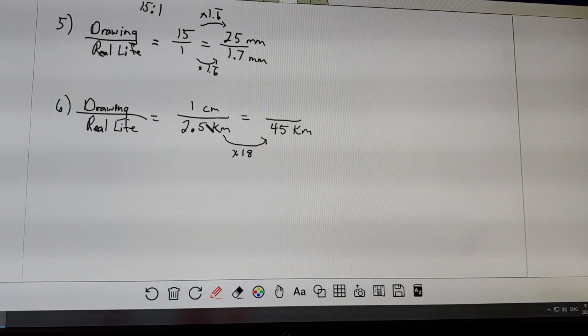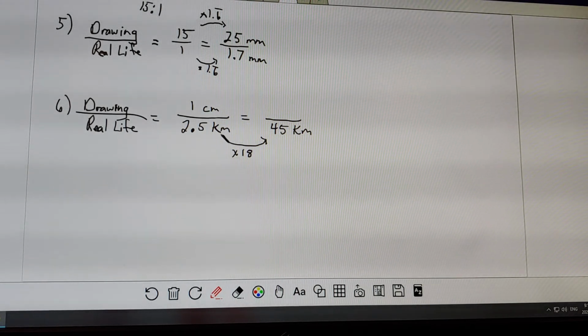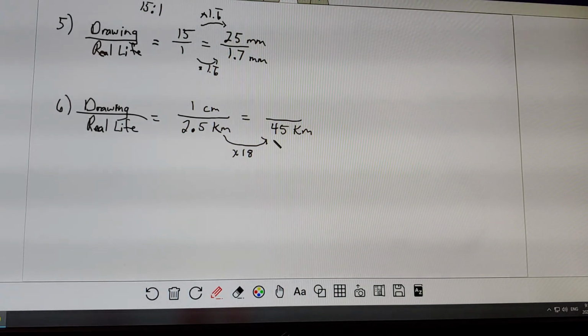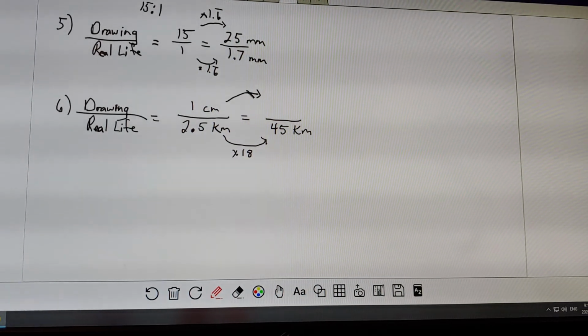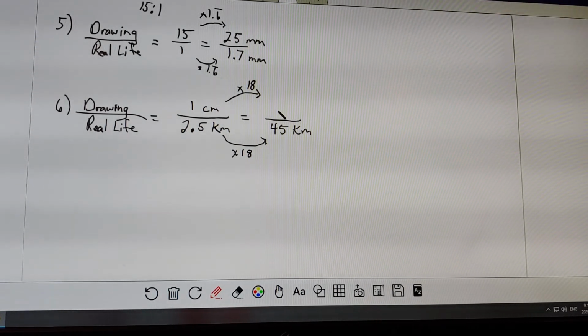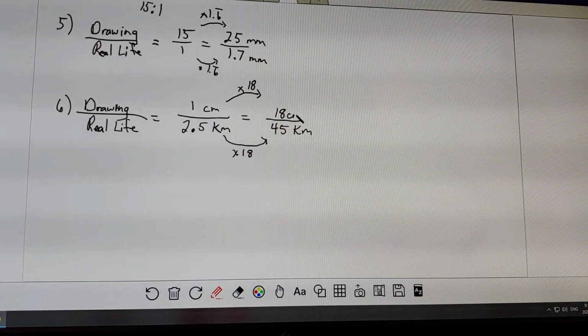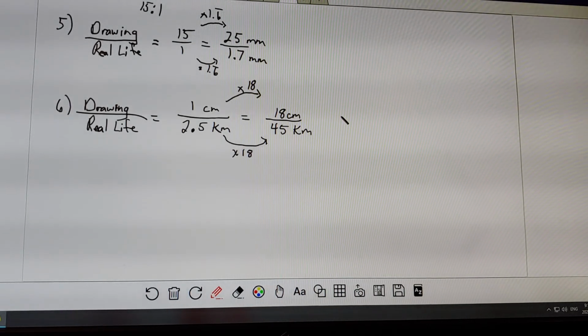Vivian went 45K. So I did 45 divided by 2.5, and I found out that it was multiplied 18 times to get up to there. So doing the same thing here, times 18, don't need the calculator for that. It would be 18 centimeters in the drawing.